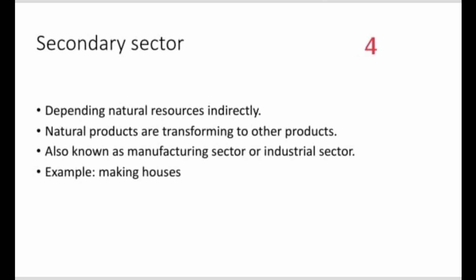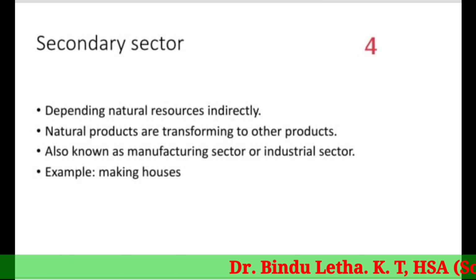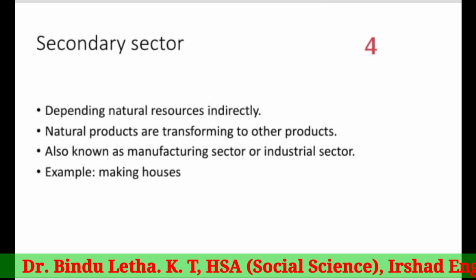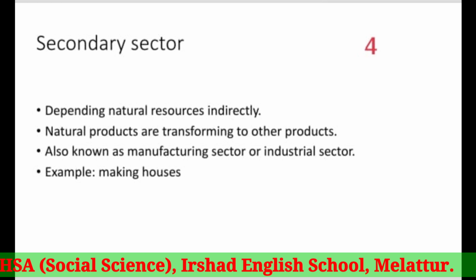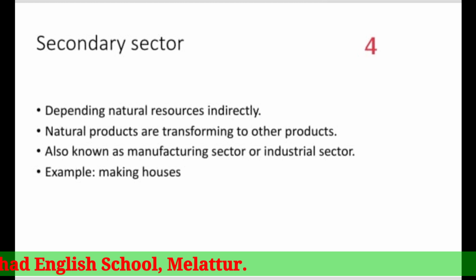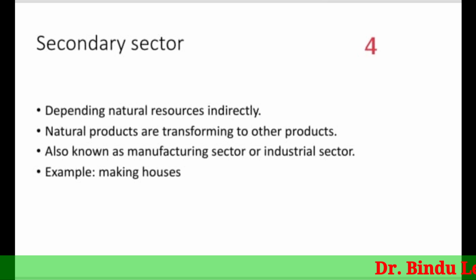Next one is the secondary sector. In this sector, the natural resources are depended upon indirectly. Here, the natural products are changed into other products, or formed in the way of manufacturing goods. So, it is also known as the manufacturing sector or the industrial sector.